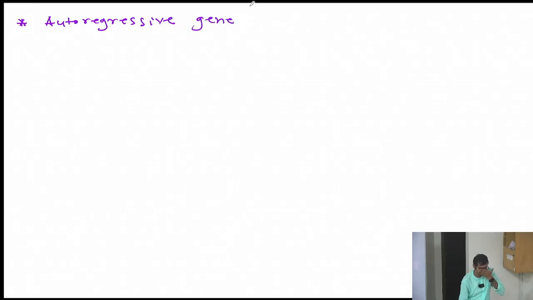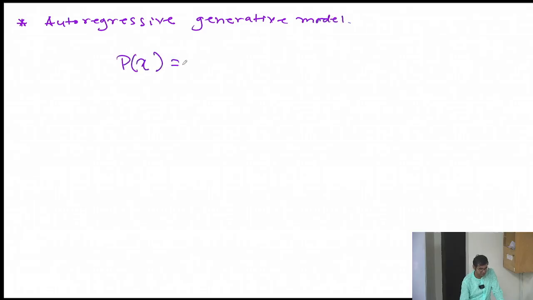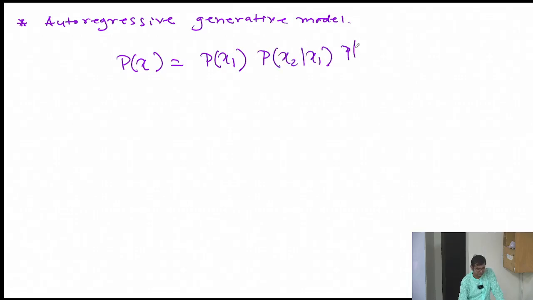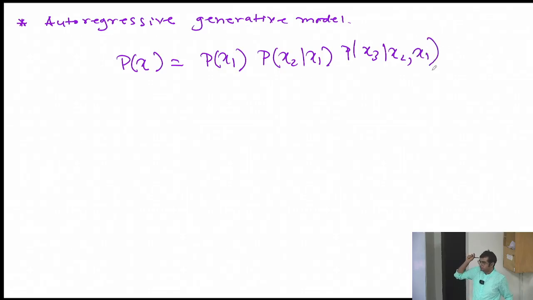Autoregressive generative model. What were we doing here? If you remember, we were doing something like this: P of x1, P of x2 given x1, P of x3 given x2 comma x1. Now, remember that P of x1 was what?